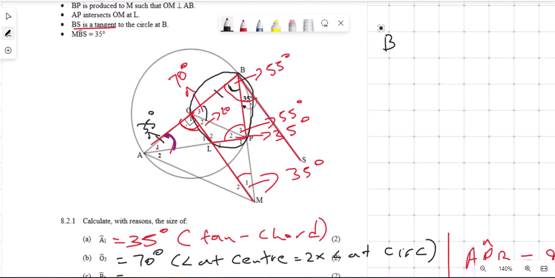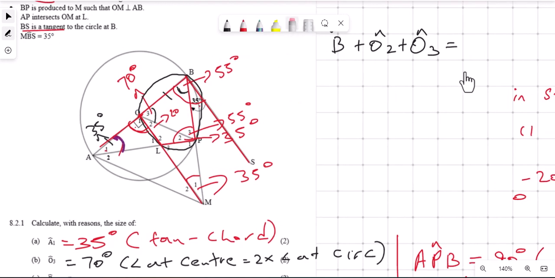Angle B plus angle O2 plus O3 is equal to, you show substitution, don't give it a reason, just do substitution.